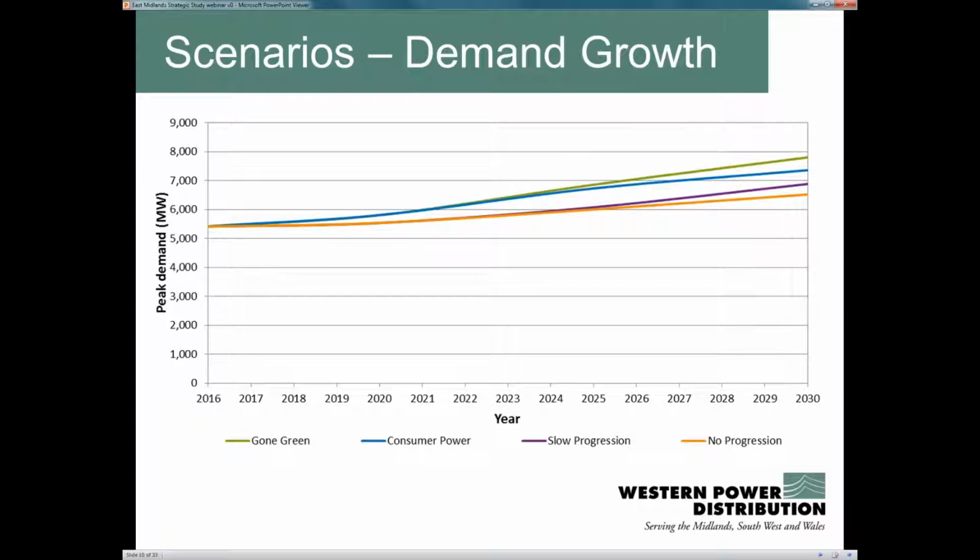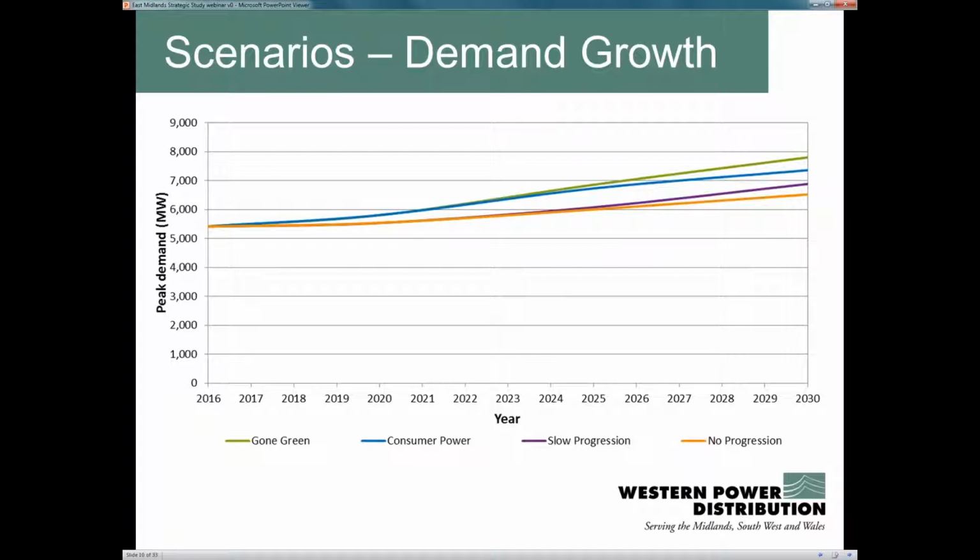If we look now at demand growth in the East Midlands, we're starting from just over 5.5 gigawatts of peak demand, and we can see a fairly static position with a slight increase out to 2017, 2018. But once we go past 2018, the higher economic scenarios have a significant uplift in the amount of demand we'll be expecting.